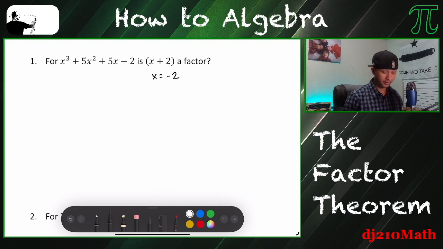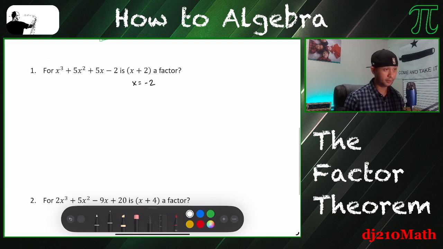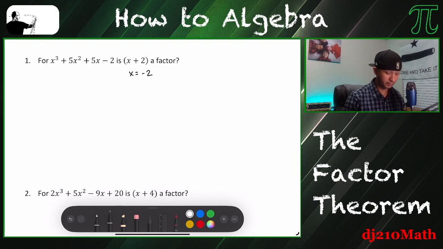This is the value that we're going to put into the synthetic division box. Then we grab all the coefficients, making sure they're all in order: x cubed, x squared, x, plus the constant. So the coefficients are 1, 5, 5, and -2.